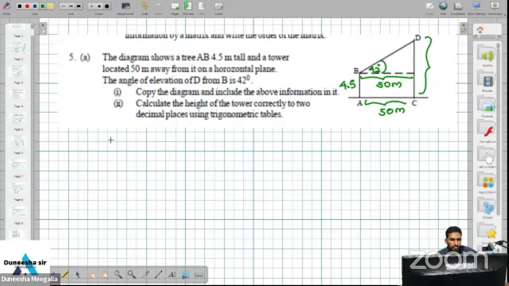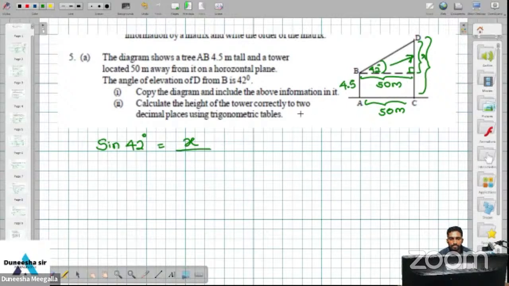Okay, what can we use? The trigonometric ratios sine, cos, or tan. We can use sine 42, because the opposite side for this triangle is this. Let's take the opposite side as x.